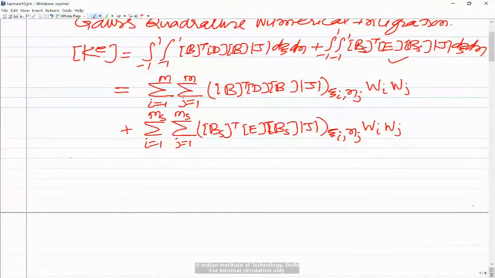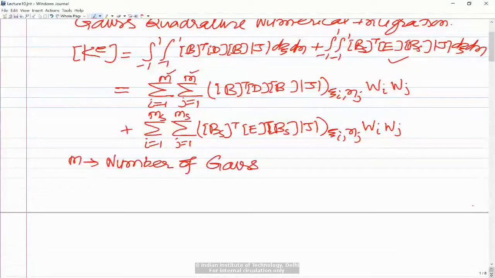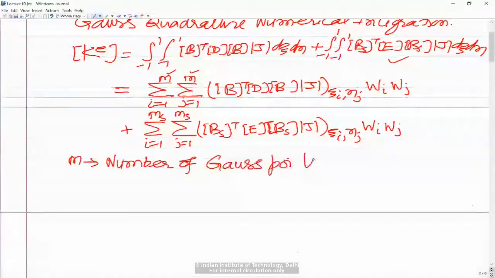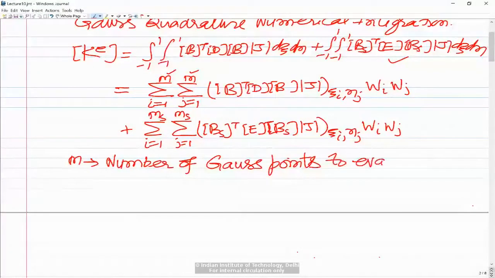Now here you would wonder what is M. So M is the number of Gauss points to evaluate bending stiffness terms, because we are using M over here and M over here. That part is involving curvature; this B is coming from curvature.